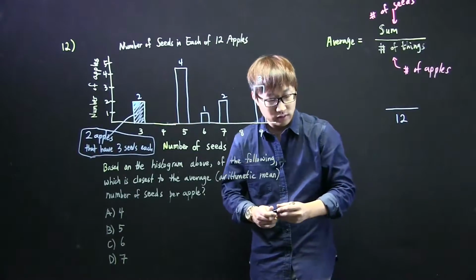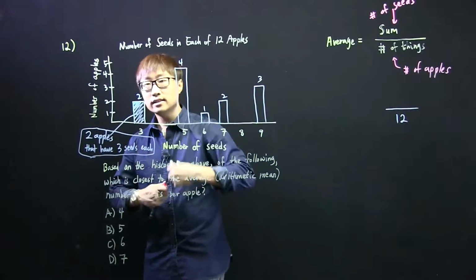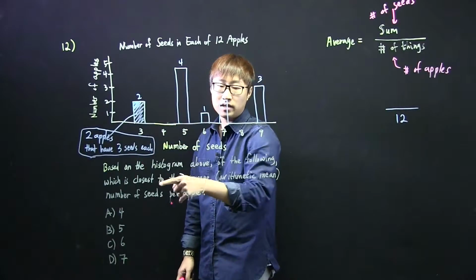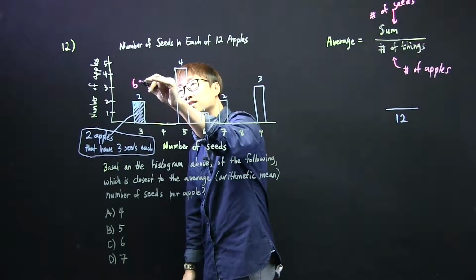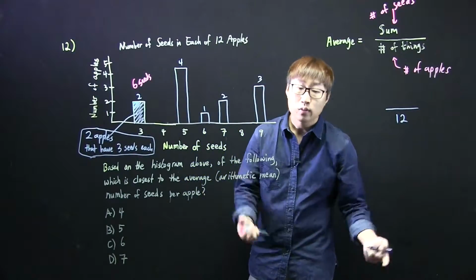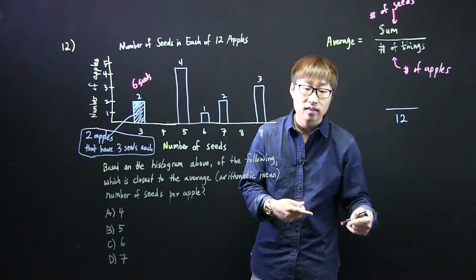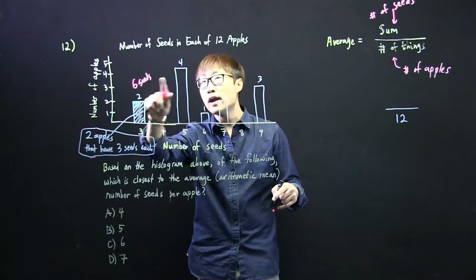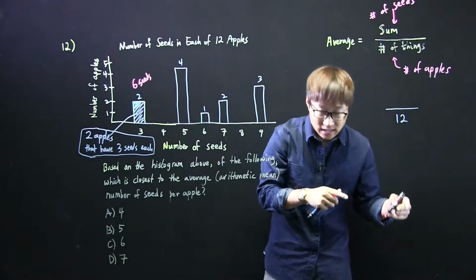And let's count the seeds, the total number of seeds. Let's look at this column. There are 2 apples with 3 seeds. That means there should be a total of 6 seeds, 2 times 3, because there are 2 apples, each of them with 3 seeds. Here, there are 4 apples with 5 seeds in each.